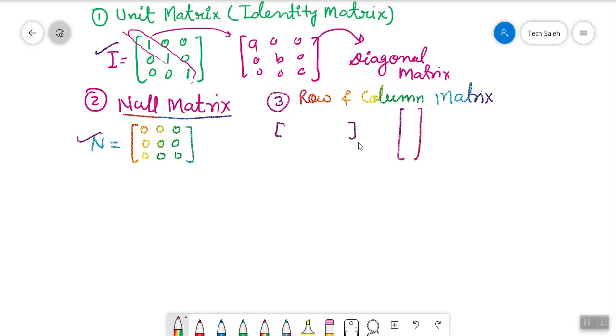It would be something like 1 into n, and m into 1. So you can see here one row and n columns, and m rows and one column. If you look at examples, you will see something like this. Now you've seen the row matrix and column matrix.